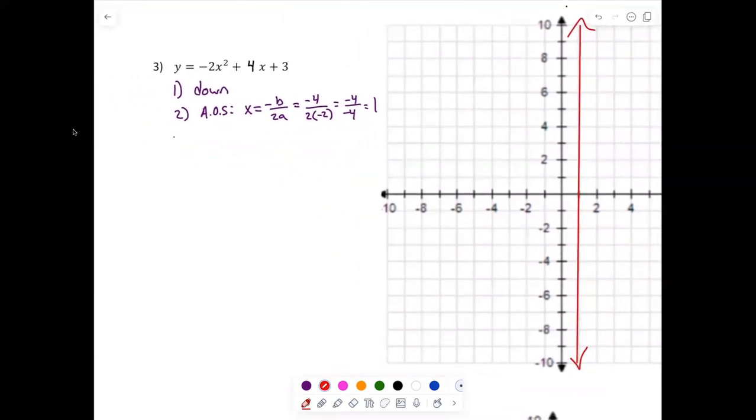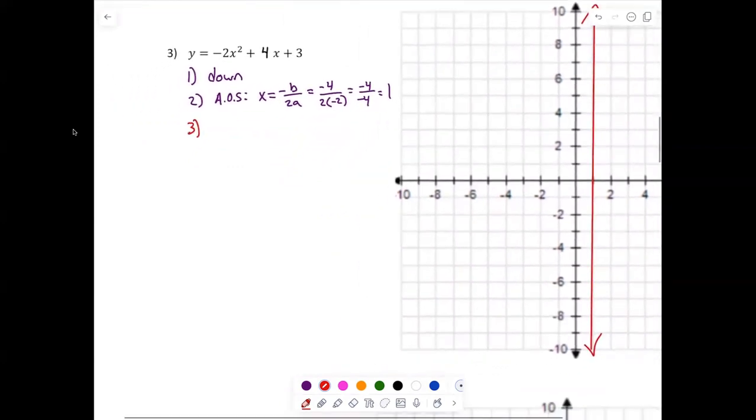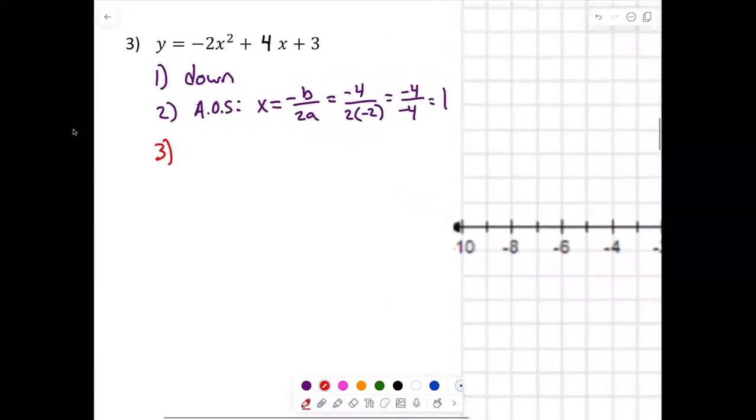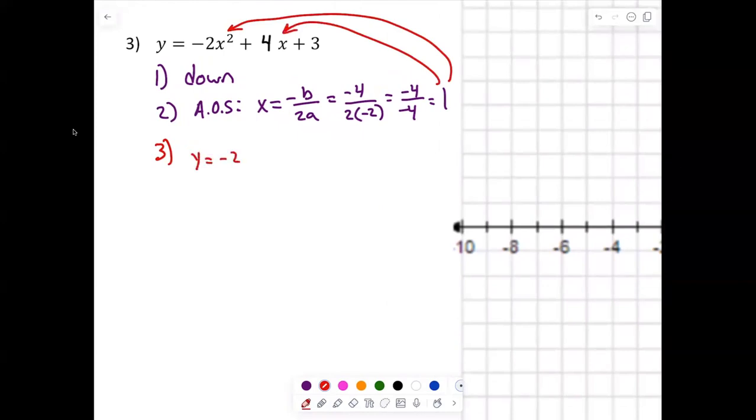Now, how do I find my vertex? What do I do? Plug 1 in for x. So y equals -2 times 1 squared plus 4 times 1 plus 3 equals.